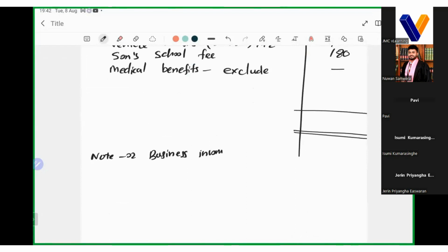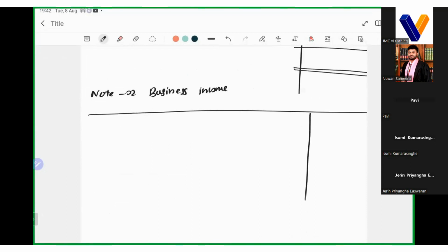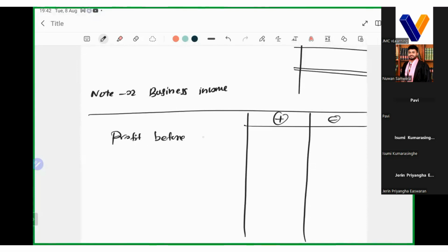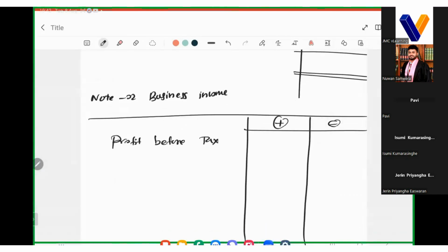Business income. So first of all, you have to take what? Profit before tax. How much? In this case, the profit before tax should be the net profit, 1,551,000 rupees.